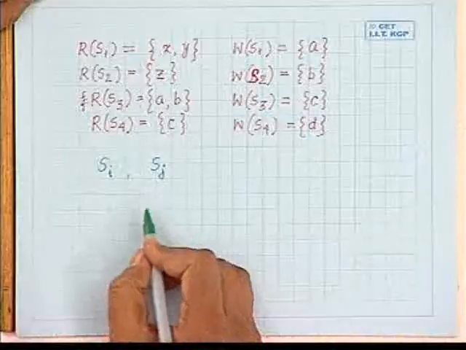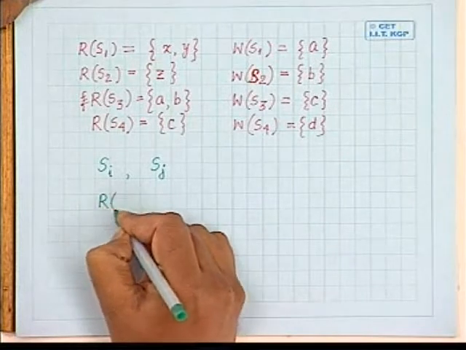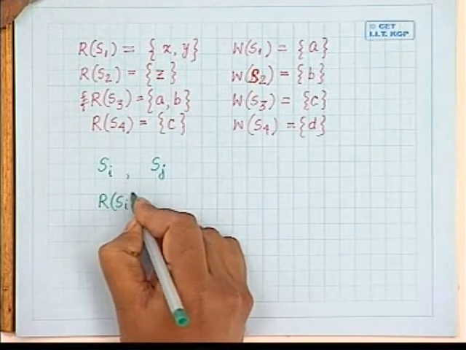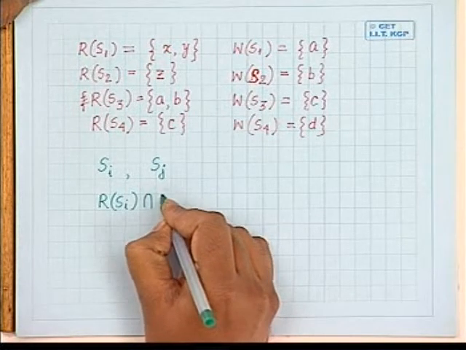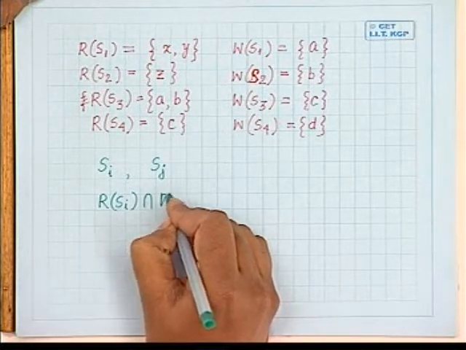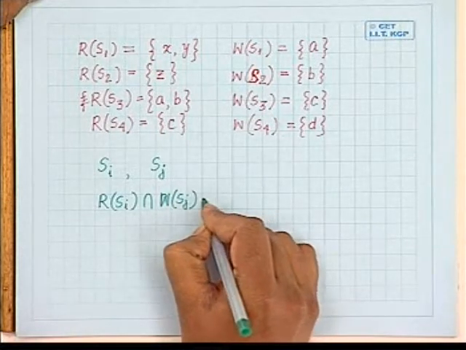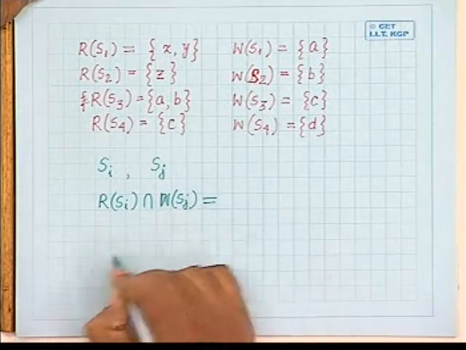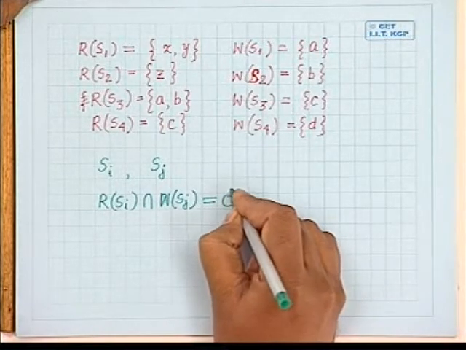Okay, so the condition of concurrency will be that the read set of Si intersection with the write set of Sj should be null.